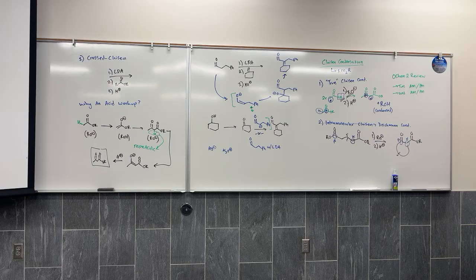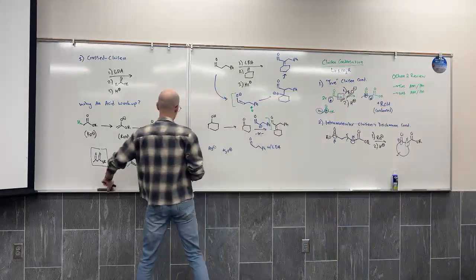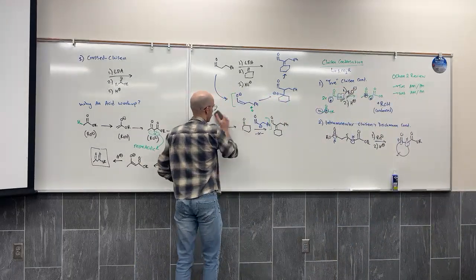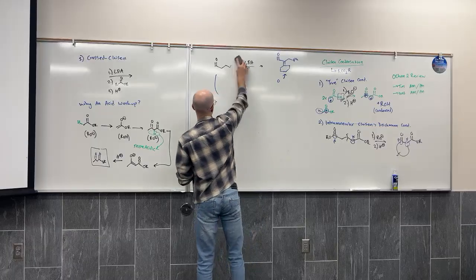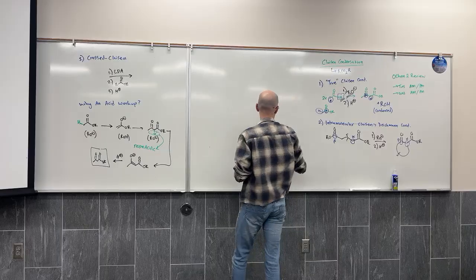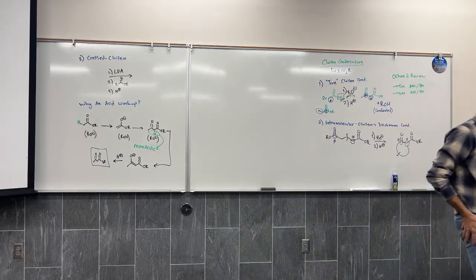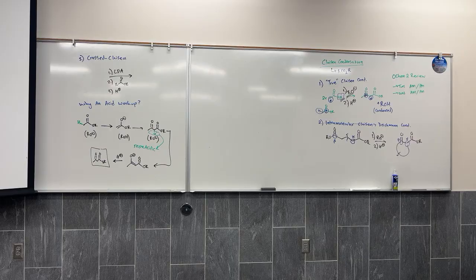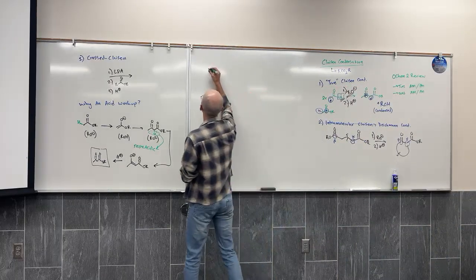All right. Again, we're going to go through some mechanisms, but the last thing that I want to introduce here in terms of these reactions are other types of crossed reactions. I've not found any names for these, and I don't know exactly how to name them, so I've just called them crossed condensation.